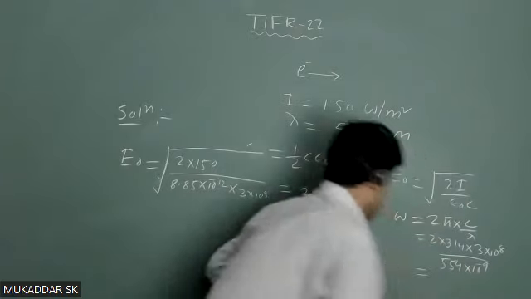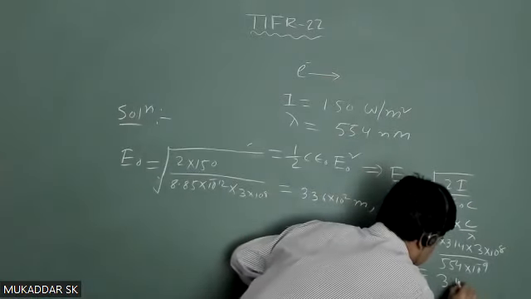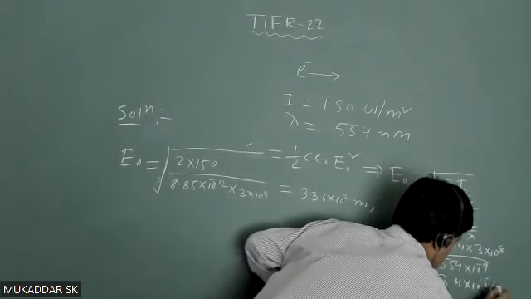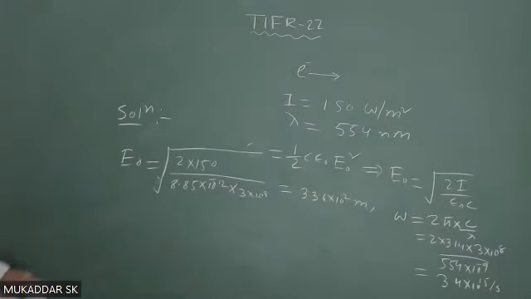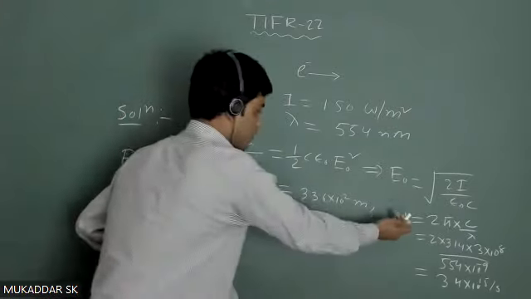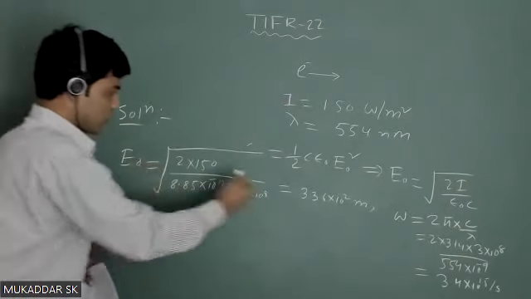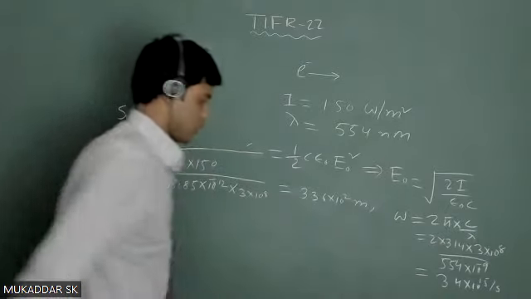If you calculate this value, you will get 3.4 into 10 to the power 15 per second, or second inverse. So we have obtained the frequency of oscillation of the electric field of the laser beam, as well as the amplitude, 3.36 into 10 to the power 2.